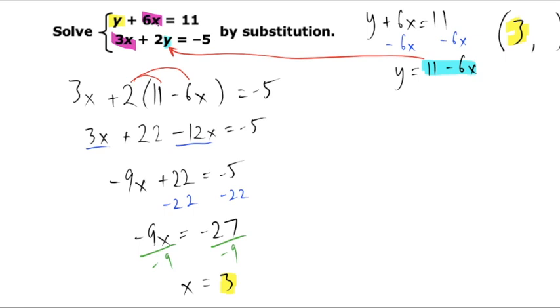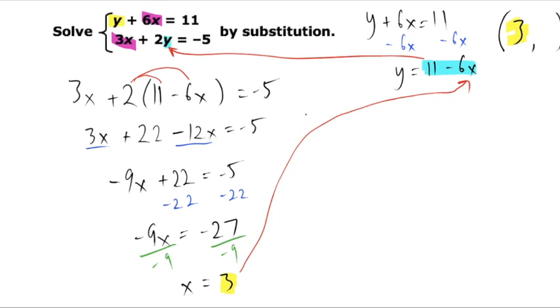You could plug it in for this top one up here. You could plug it into the second equation. You can even plug it into the one you just made when you solved for y. And as long as you are comfortable and confident in the math you did, plug it into that one because it's already solved for y. So I'm going to plug this 3 in for that x.